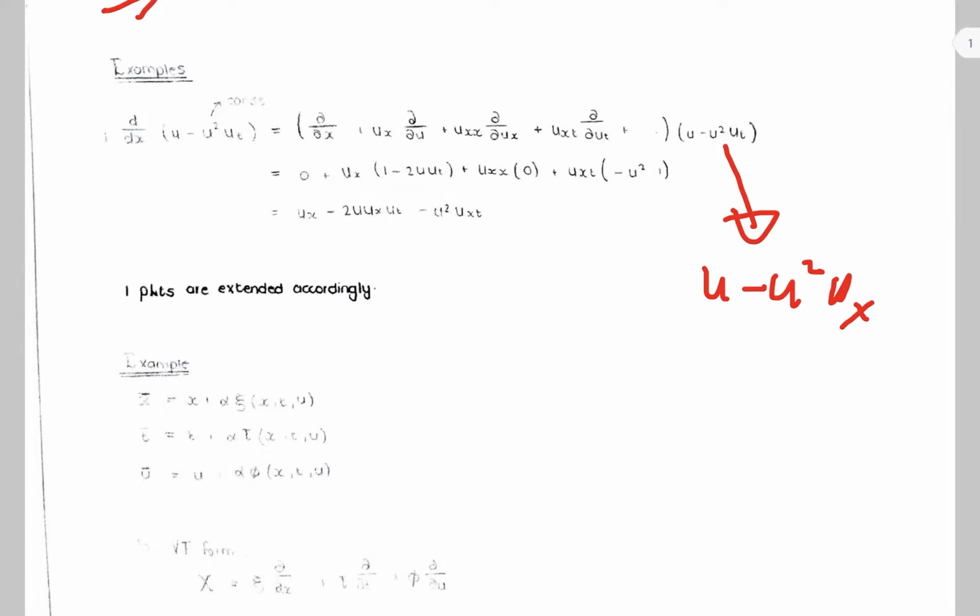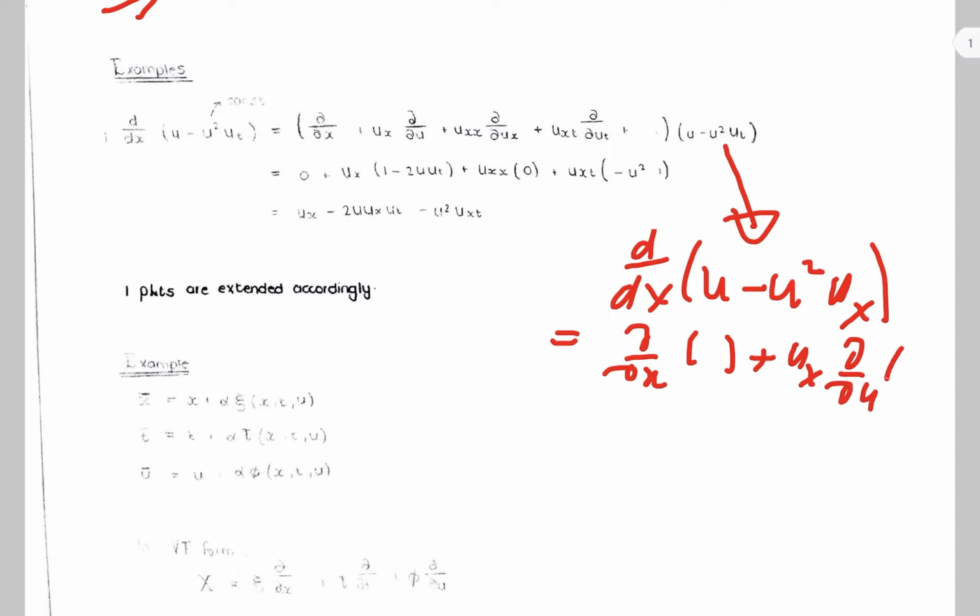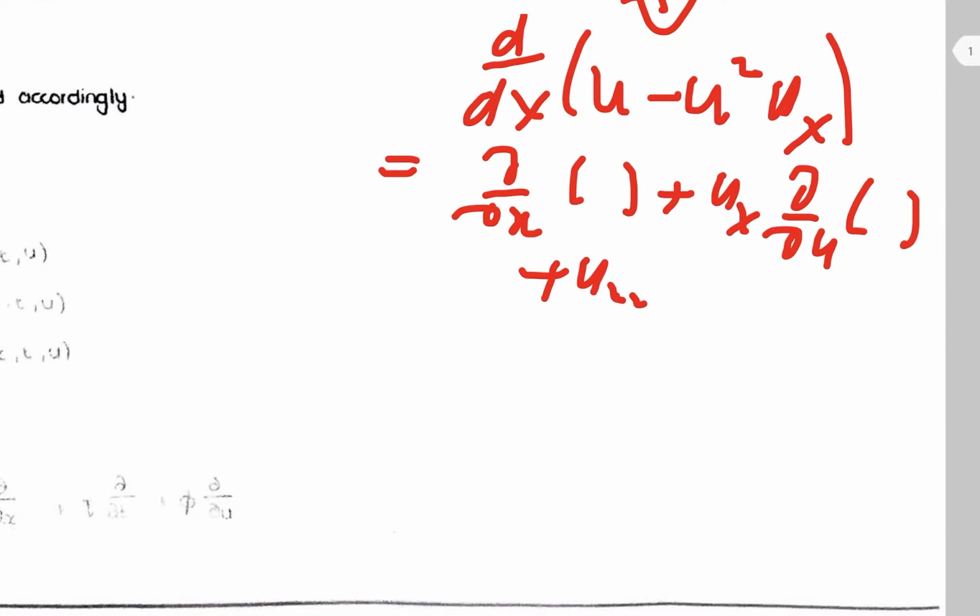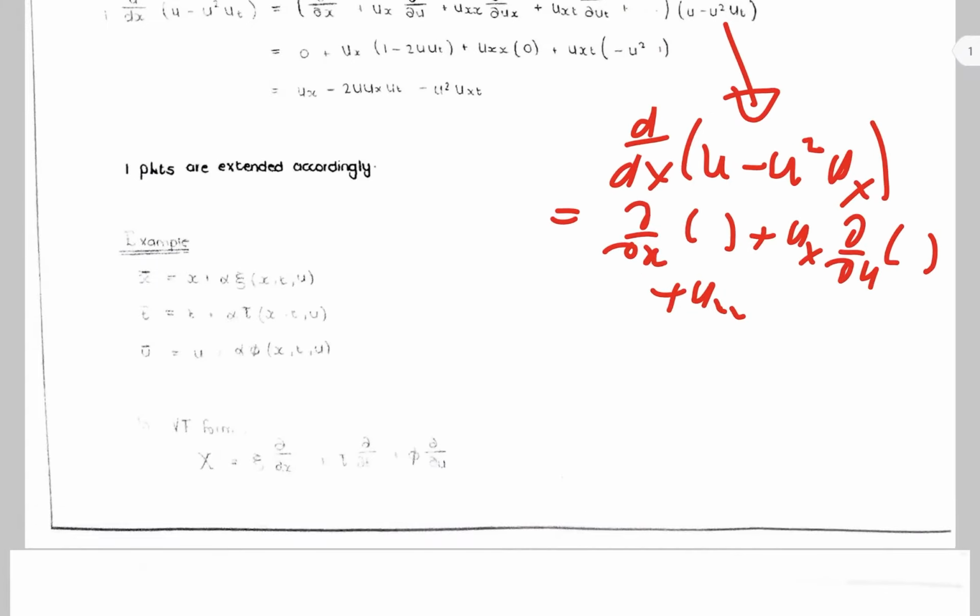Okay, so if we're doing the total derivative with respect to x and write it down in terms of partial derivatives, then of course you've got the partial derivative with respect to x of the bracket, plus u_x, the partial derivative with respect to u of the same thing, plus u_xx, the partial derivative with respect to u_x.